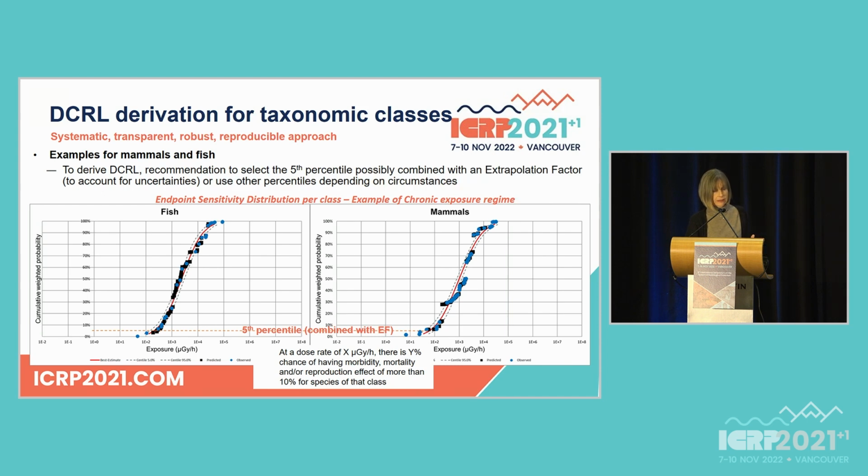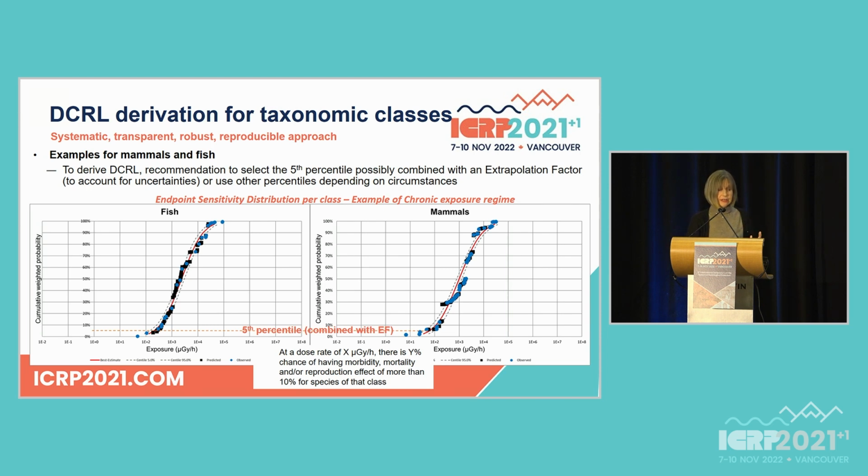And like it is done for chemical regulation, we proposed at that stage, this is under discussion within our task group and our committees, to recommend selecting the 5th percentile of this distribution so that we can have a comparable benchmark to derive the DCRL.